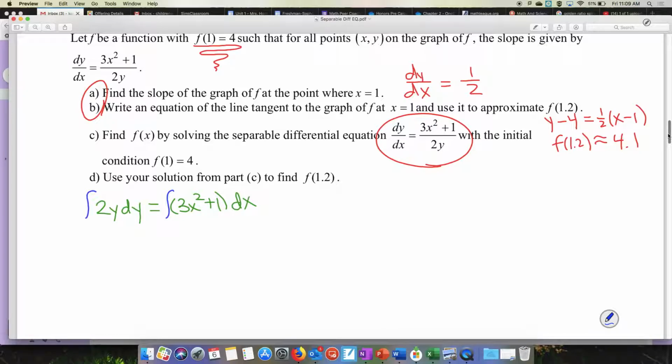This is nice. Antiderivative of 2y is y squared. And over here, x cubed plus x plus c.